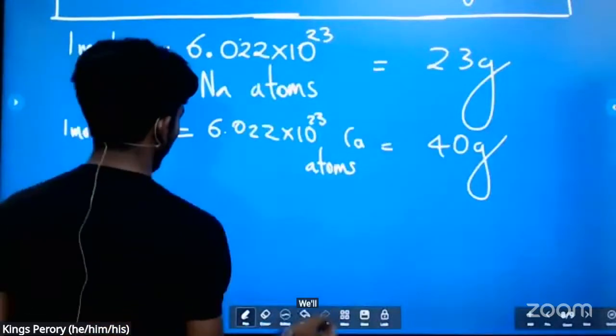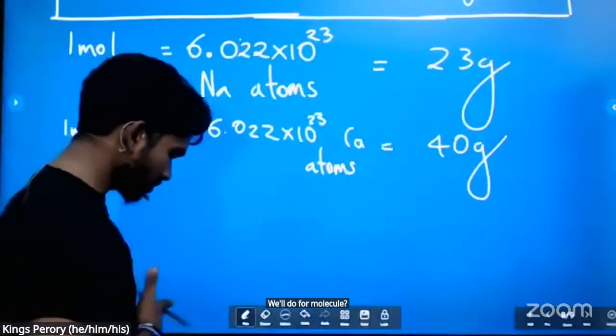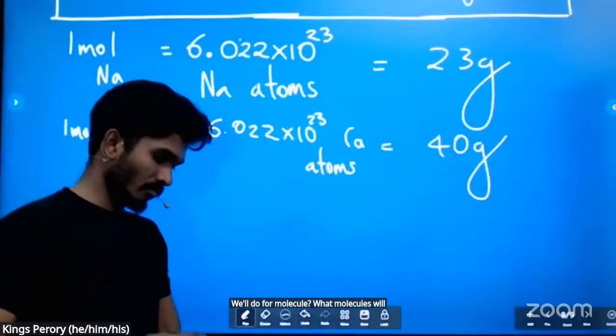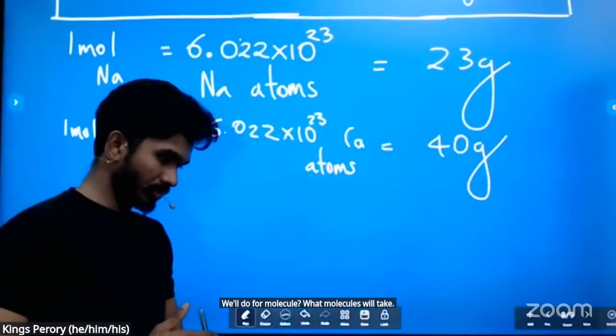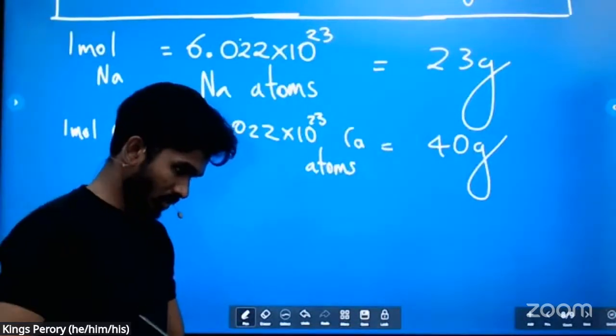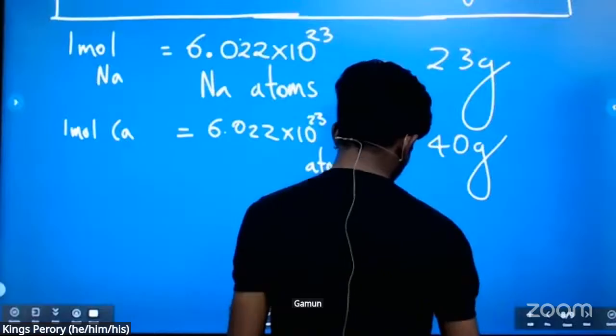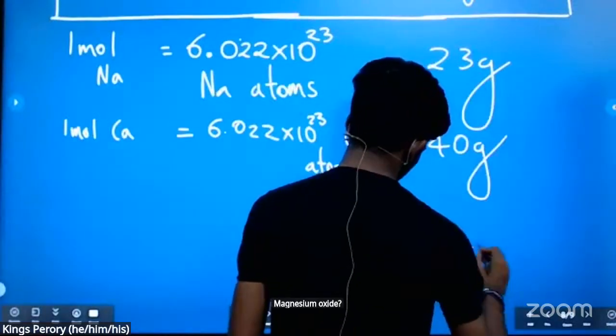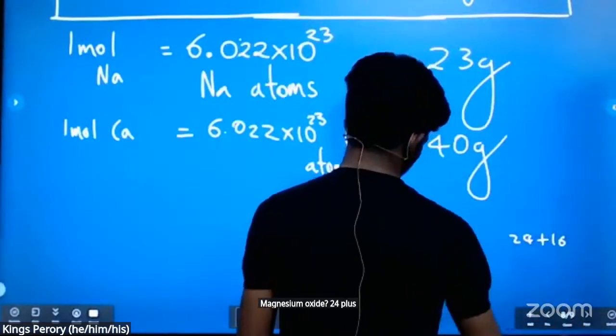We'll do it for a molecule. What molecule will we take? Magnesium oxide: 24 plus 16.